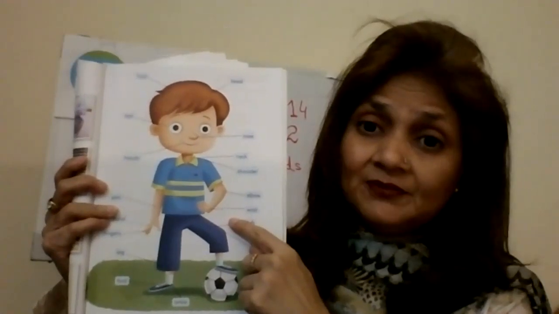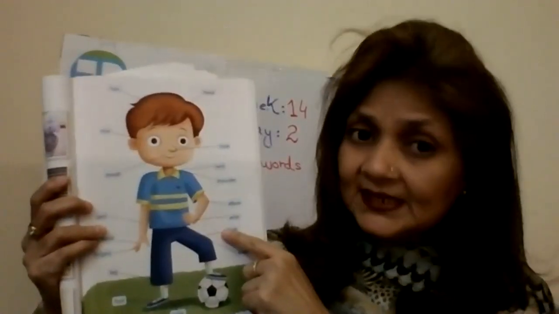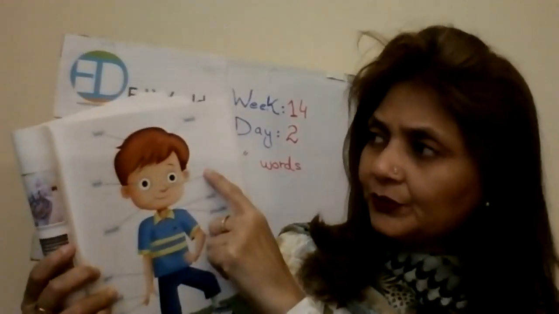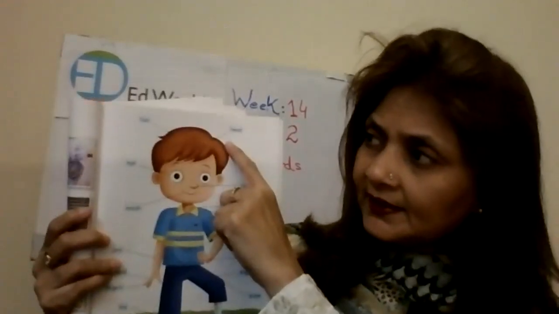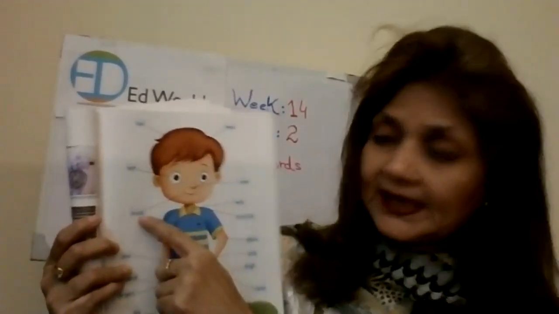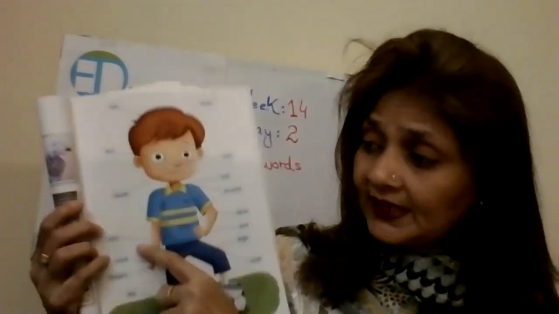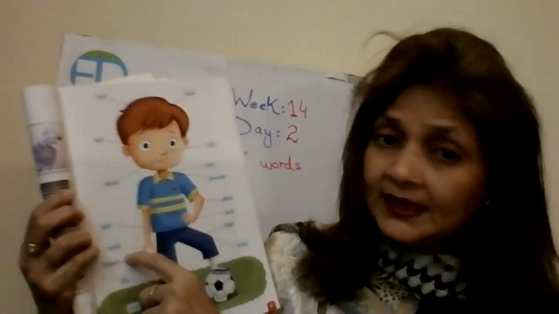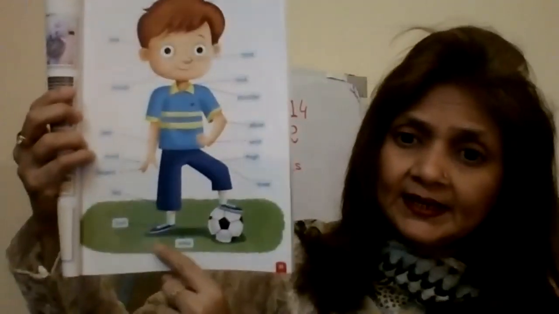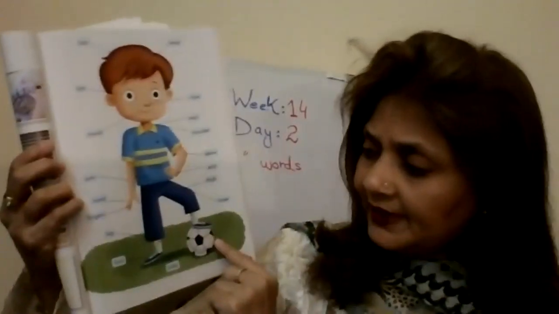Can you all see the different body parts? Yes. So you can see the shoulders, the neck, the nose, head is here, hair is here. These are eyes, you also know that. This is mouth, you also know that. This is arm, hand, these are fingers, this is leg, this is foot, right?